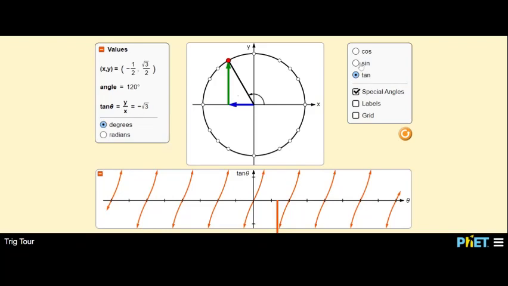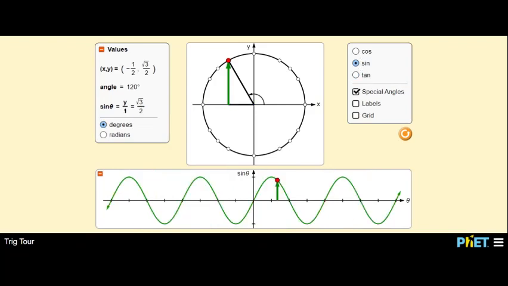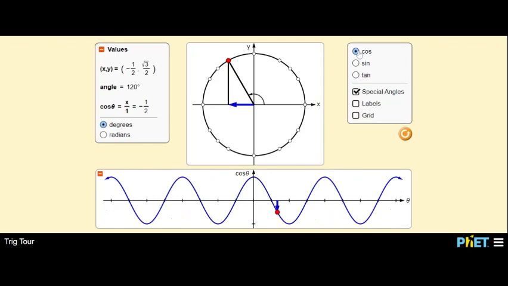So let us try with sine. See, this is 120 degrees. Since it is in the second quadrant, the value of sine is positive. So sine theta is here root 3 by 2. Means for sine 120 degrees, it is root 3 on 2. And it is positive. So let us see for cos. So this is minus 1 on 2, since cos is negative in this quadrant.